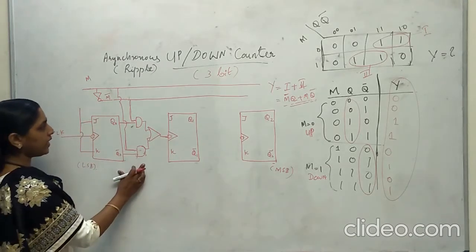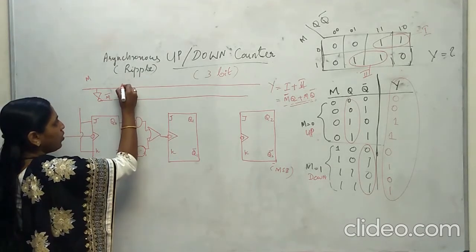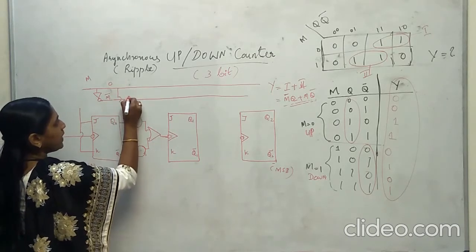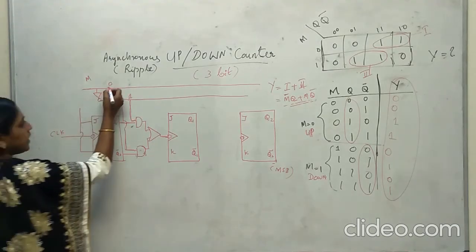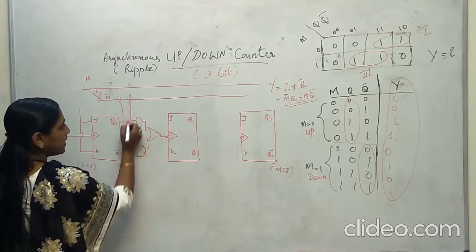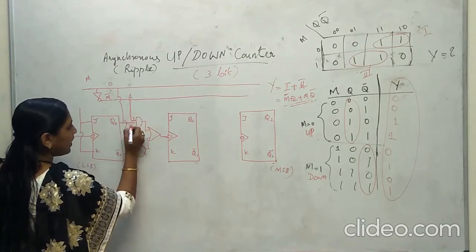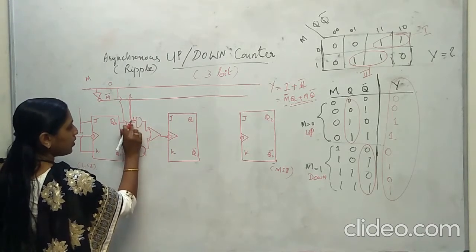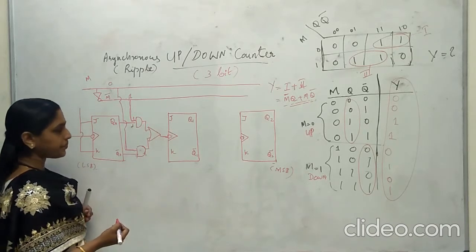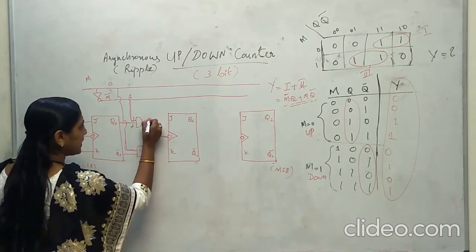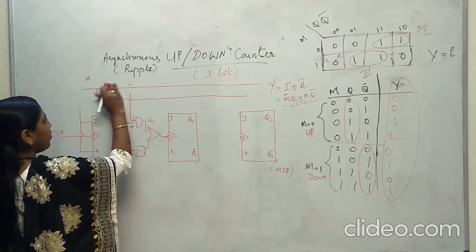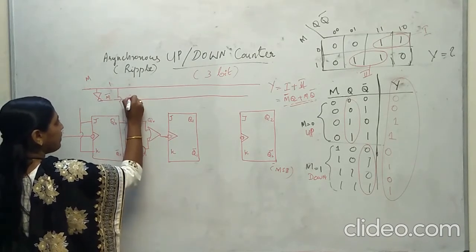So what happens here? When M is equal to 0, M bar is equal to 1. So M bar is equal to 1 means this will be 1, and Q0, if it is 1, that will be given as the input. Q0 will be selected here. What happens when M is equal to 1? When M is equal to 1, M bar is 0.